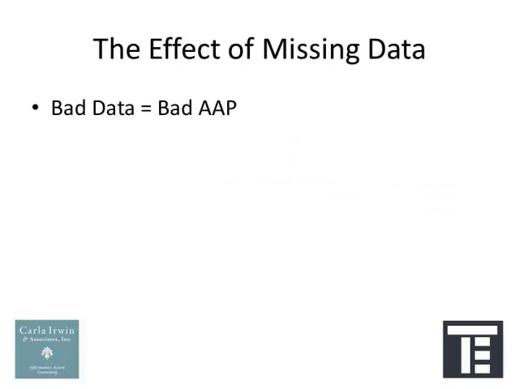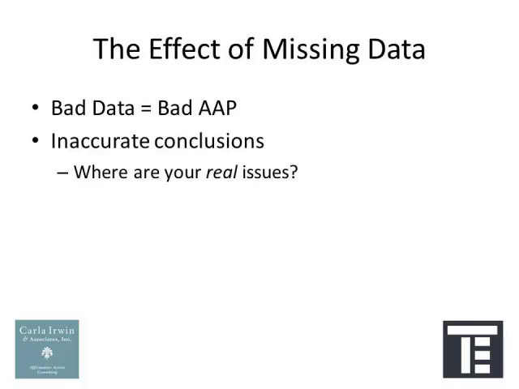Okay, so what are the effects of missing termination data? Again, if you have incomplete or bad data, you're going to have an incomplete or a bad affirmative action plan. Your statistics are only as good as your underlying data. And if you have data problems, if you don't have your comparators identified, if you didn't use your codes consistently with respect to involuntary versus voluntary termination, any problems in your data are going to create the possibility for inaccurate conclusions.